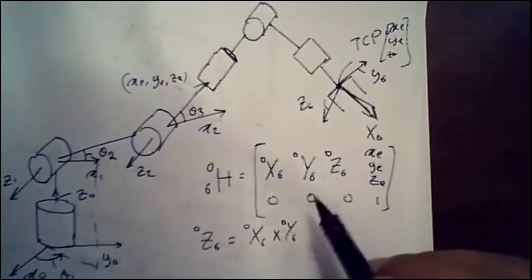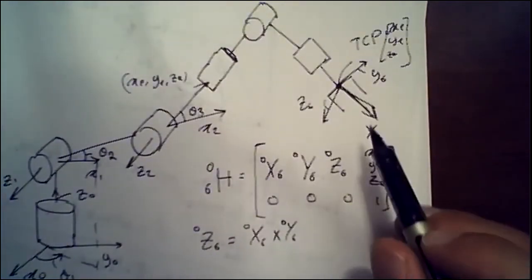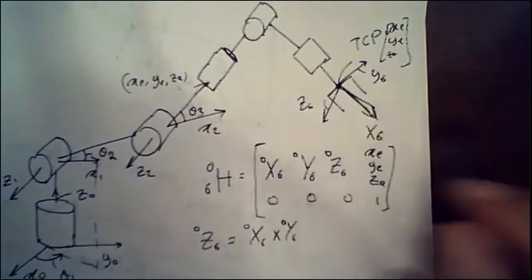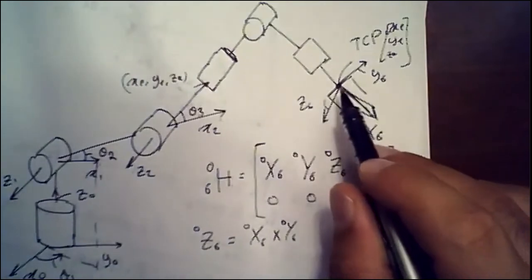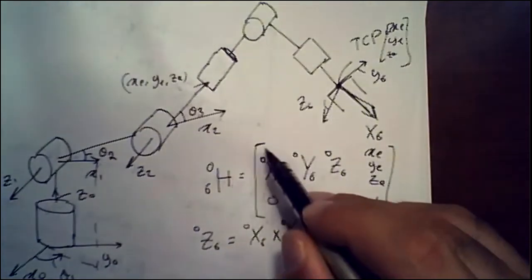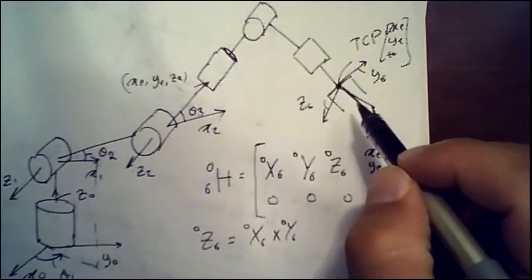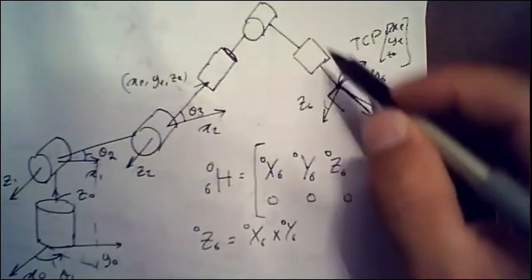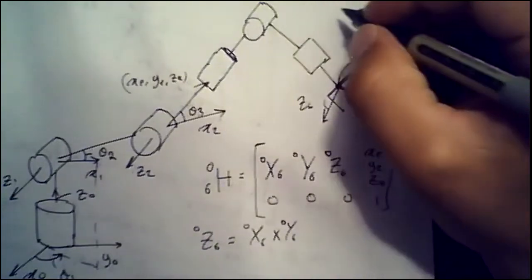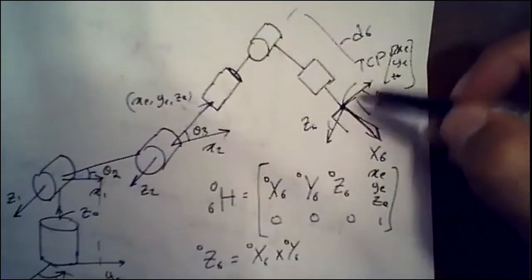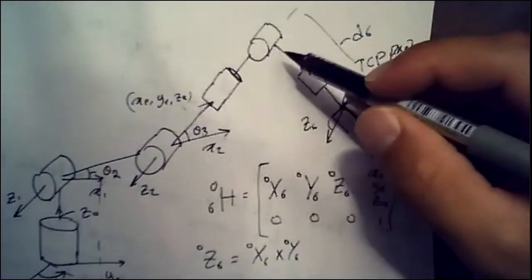Once you provide this, you are providing X60, or it could be Z60 or whatever it is. You always specify that frame. If you are providing this vector pointing along this last link, you also know from the geometry of the robot this length, usually D6. If you know D6, you can find this point.